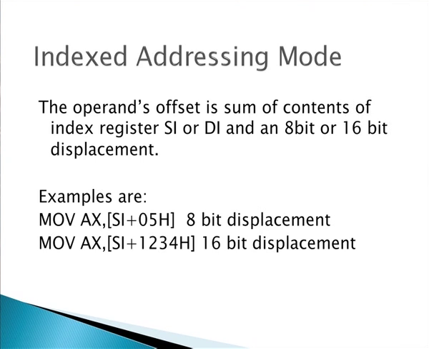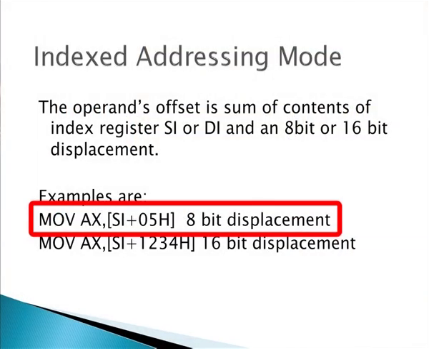Now, let us take some examples for indexed addressing mode. The instruction is MOV AX, [SI + 05H]. Now, addition of 05H clearly means that the displacement is of 8 bit. The offset address is calculated from where the data is to be transferred to AX with the help of SI register and 05H displacement.